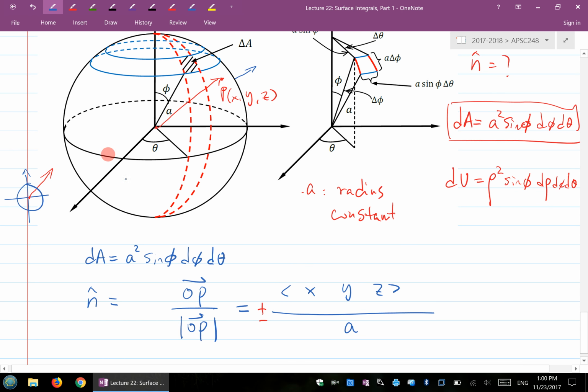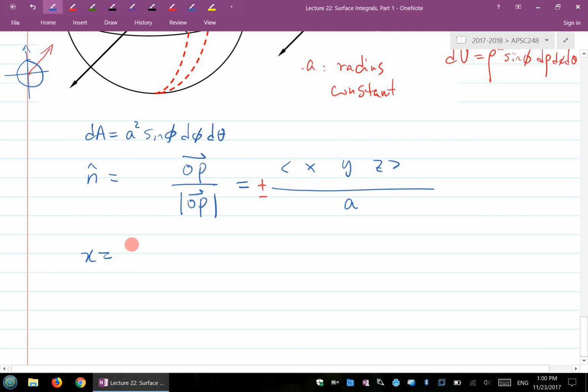Located on this spherical surface, which has a radius of a. So the x here, if you recall, used to be rho sine phi cosine theta, right? That's the connection between Cartesian and spherical. But we're talking specifically about the sphere with a radius of a, so this is not the rho here.